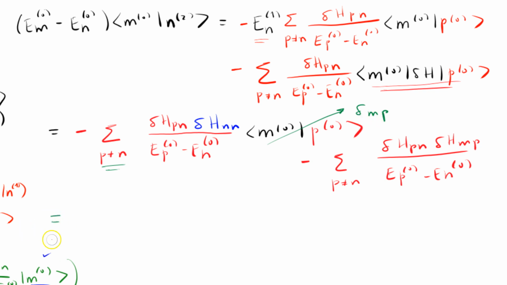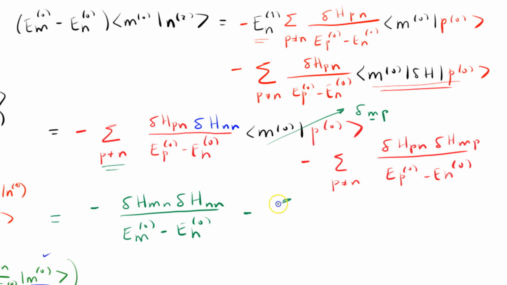So rewriting this, we get negative delta h. Instead of p, we're going to have m because of the Kronecker delta. So m n, delta h n n over em0 minus en0, and anything left? Nope.